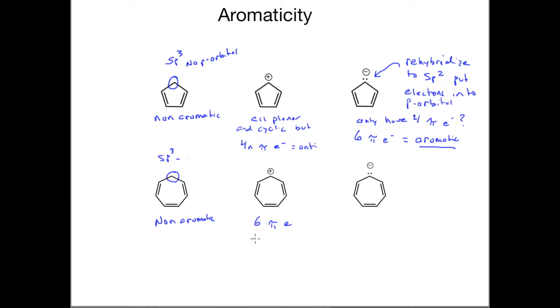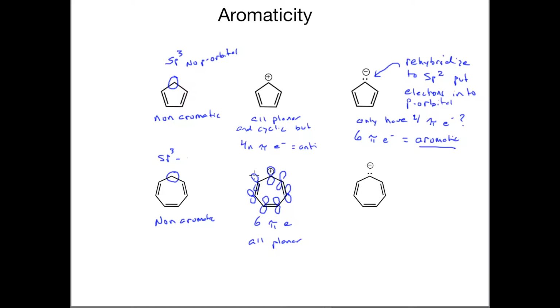And if we move into the next guy over, what you see is we have 6 pi electrons all the way around. The carbon at the top is sp2 hybridized, and that plus charge is in a vacant p orbital, and this adds to some stability. So what you can see is that all these p orbitals now, as I attempt to draw them in, are all sort of full of electrons, right?